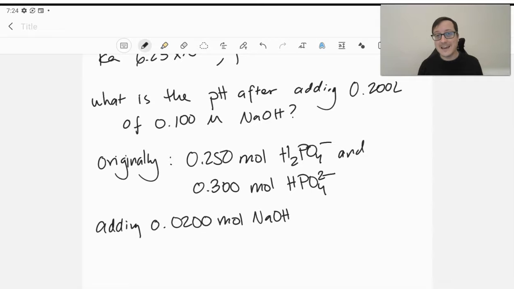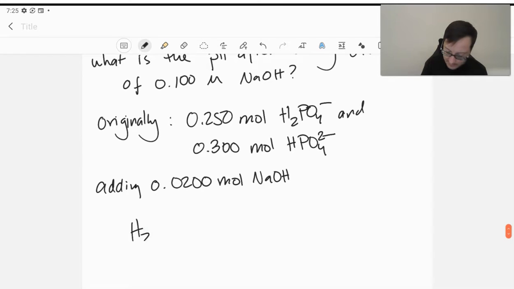So in this case, we know it's going to react fully with our HA, because this is a strong base we're adding. It's going to react with the strongest acid. The strongest acid is always the one that has more protons for a pair like this. So we know overall 0.02 moles of OH minus are going to neutralize the same amount of moles of dihydrogen phosphate.